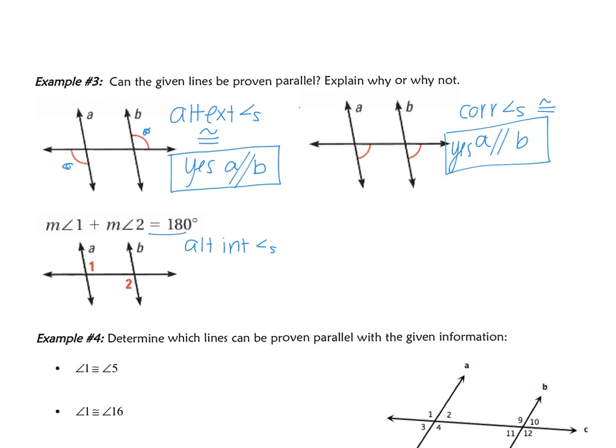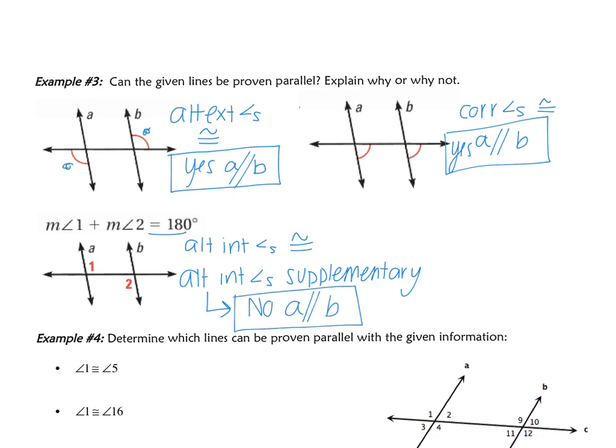While looking at my ways to prove lines are parallel, if I have alternate interior angles, they have to be congruent. But in this case, I have alternate interior angles that are supplementary. Now that doesn't help me. That does not allow me to prove it's parallel. So because this is the situation I have, you cannot prove that A is parallel to B.